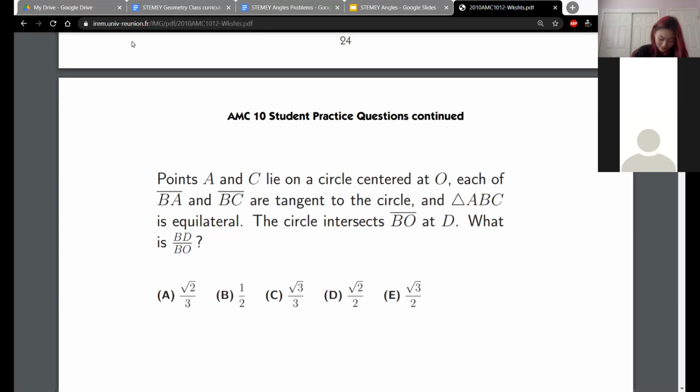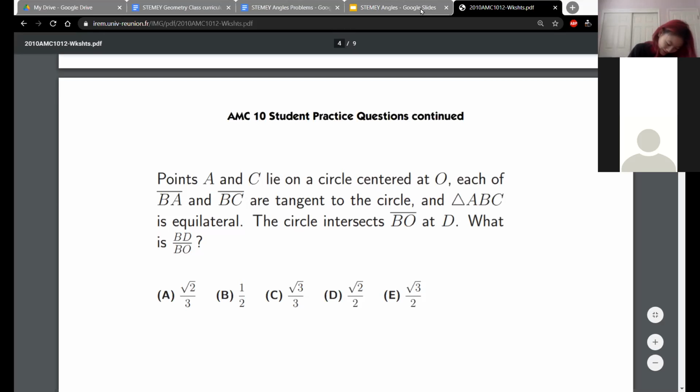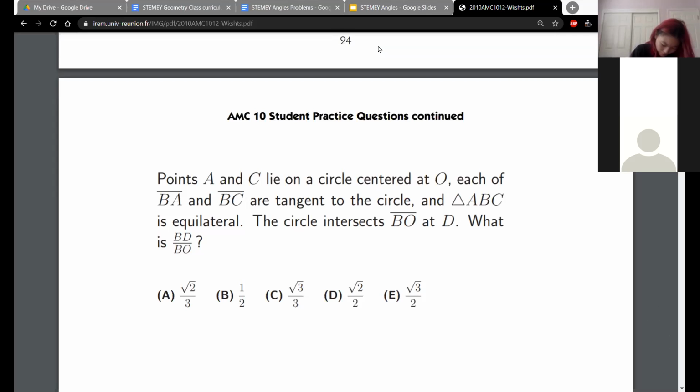BD over BO. Okay. 60 degrees. So that's a 90-degree angle. That's 60. So that's 30. Okay, so then that's x over 2.